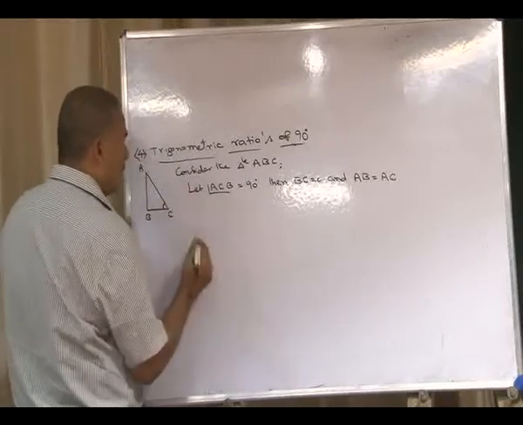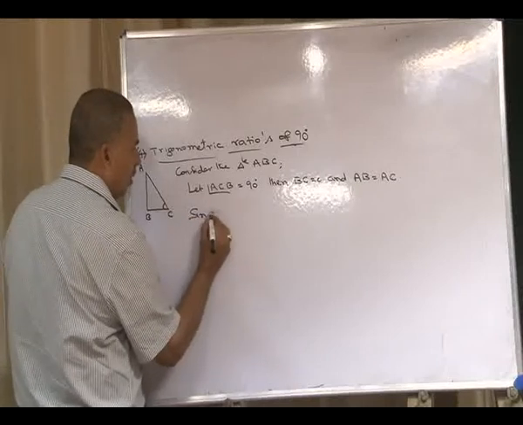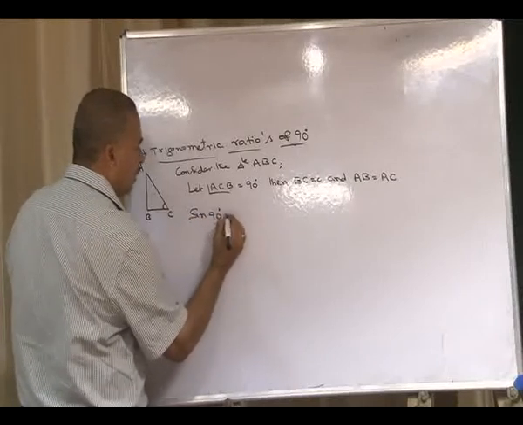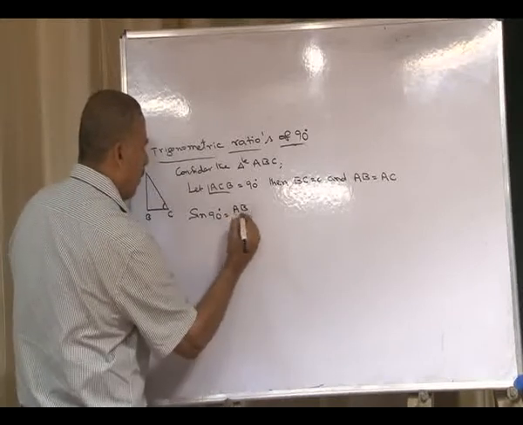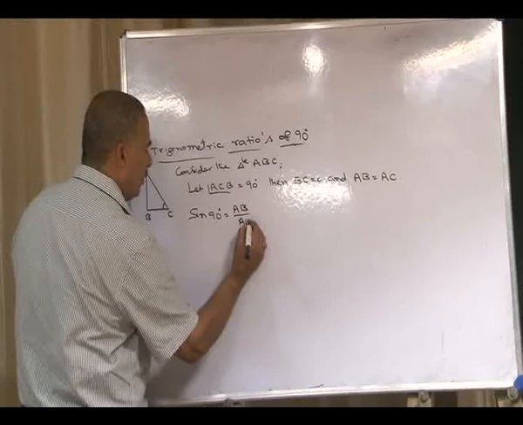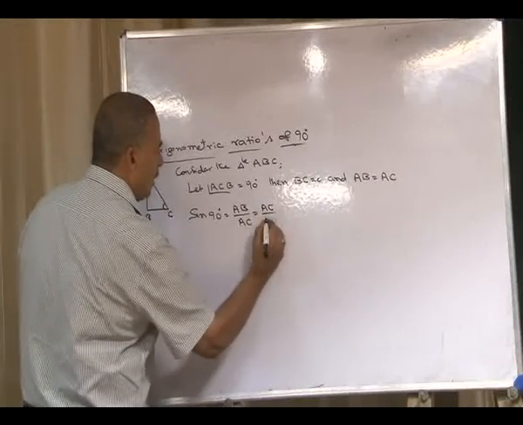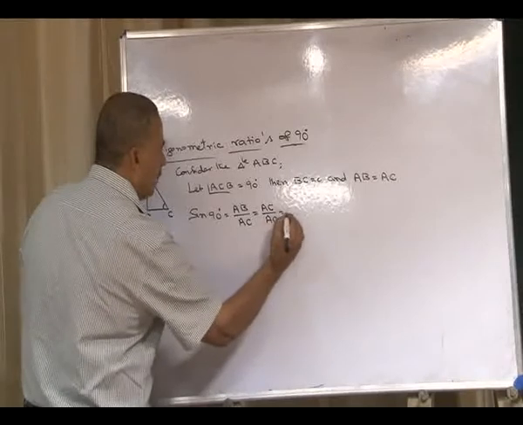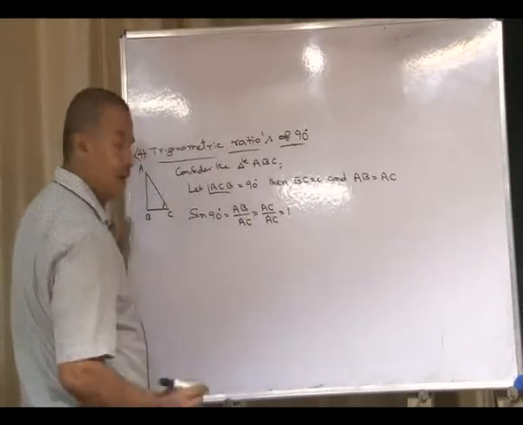Then the trigonometrical ratios of 90 degree. Sin 90 degree is equal to opposite side AB by hypotenuse AC. When AB equals AC, AC by AC equals 1. The value of sin 90 is 1.